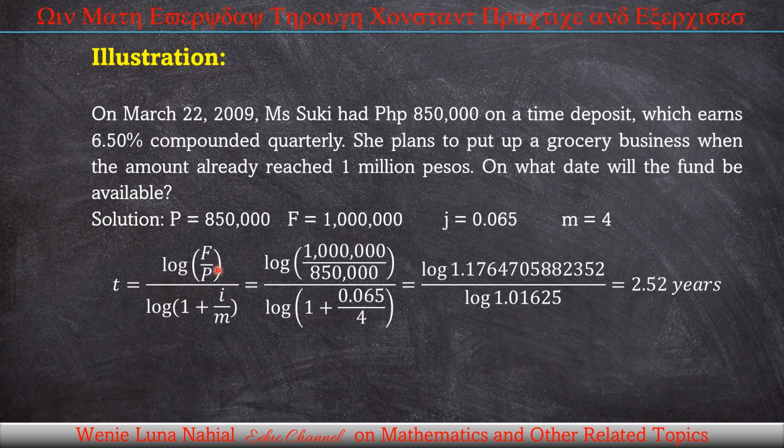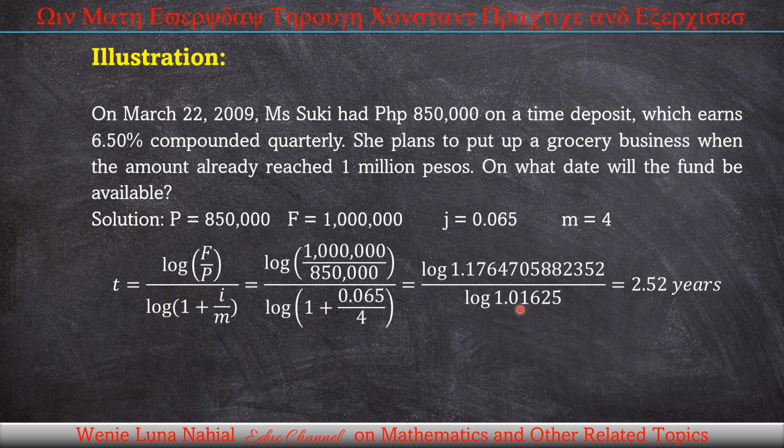Let's have the substitution. Okay, so 1 million divided by 850,000. Then at the denominator, you have 0.065 divided by 4. Then for the numerator, you have the logarithm of 1.1764705882352.